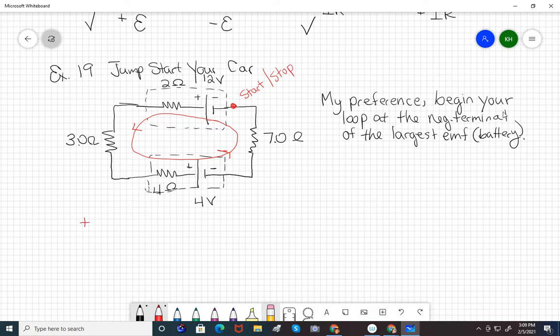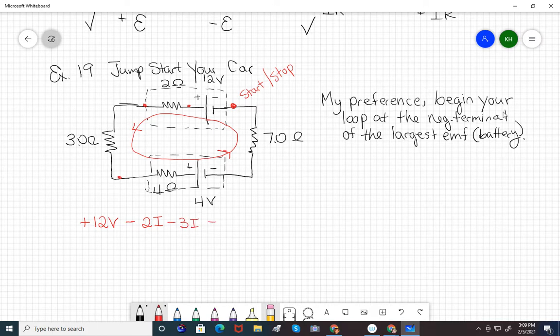When I go through the battery, I gain 12 volts of potential from here to here. When I pass through the resistor, I lose IR. I don't know I, but I know R, so I'll put 2I. Now I've gone from here to here. When I go through this 3 ohm resistor, I'm going to lose 3I.